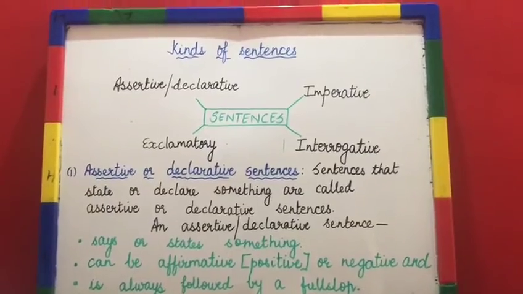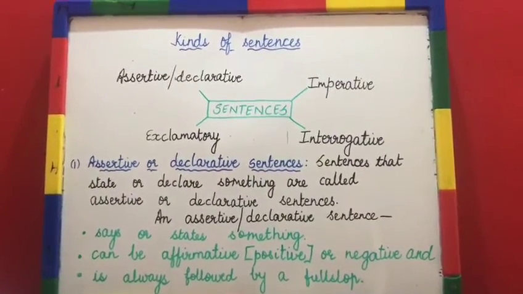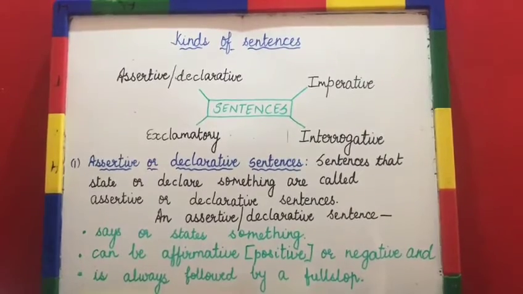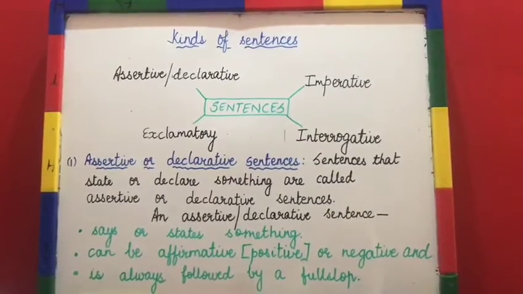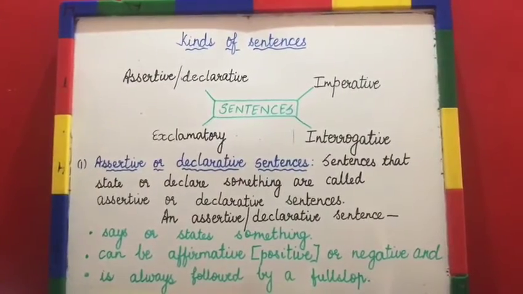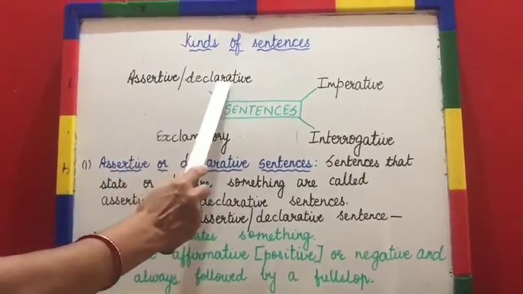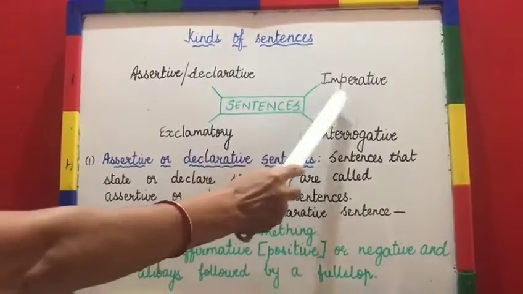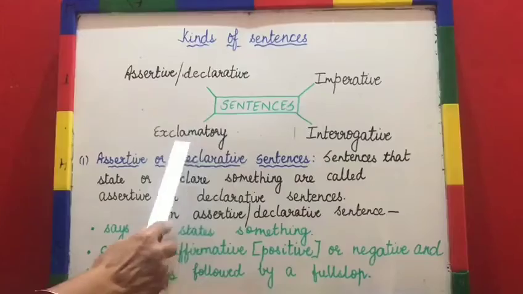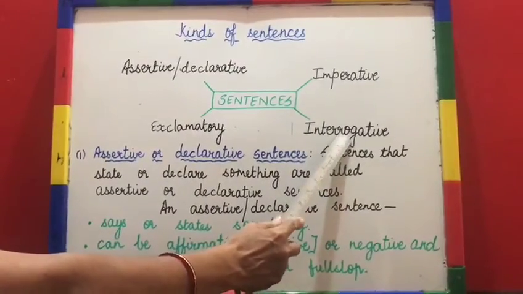After learning about the definition and parts of a sentence, let us move to the next topic, that is kinds of sentences. There are 4 kinds of sentences: assertive or declarative sentences, imperative sentences, exclamatory sentences, and interrogative sentences.